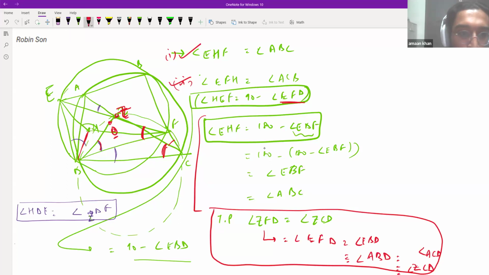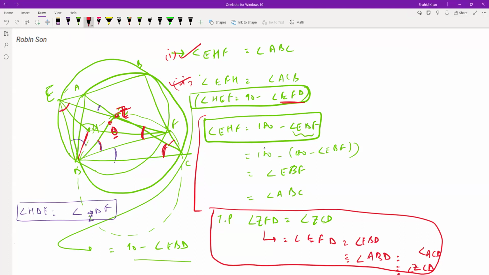Because EFD lies on the circle, ODF will be equal to 90 minus FED. And if you look at ZCF, that's actually just ACB.